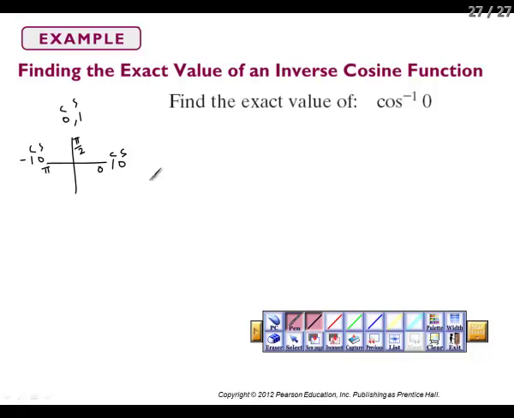And we want to know within 0 to pi, inverse cosine, the domain for inverse cosine is -1 to +1, so that fits within our domain. So since this is a value, cosine has a value of 0 at what angle? You should have said at pi over 2.